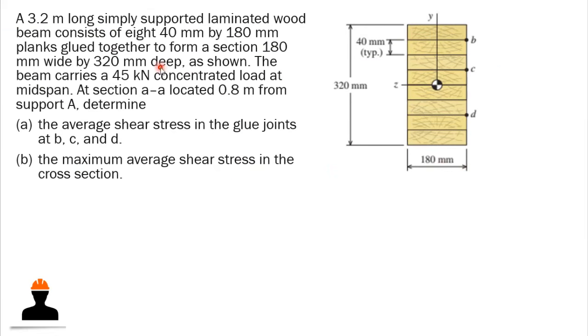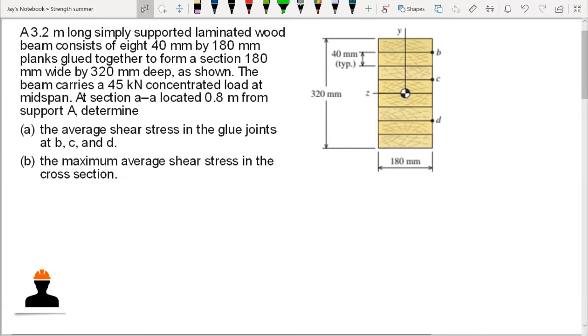Now let's try to solve a problem. We have a problem here: a 3.2 meter long simply supported laminated wood beam consists of eight 40 mm by 180 mm planks glued together to form a section 180 mm wide by 320 mm deep, as shown.